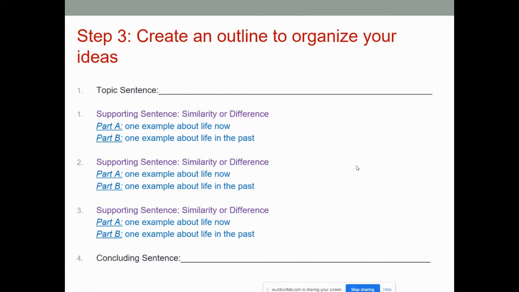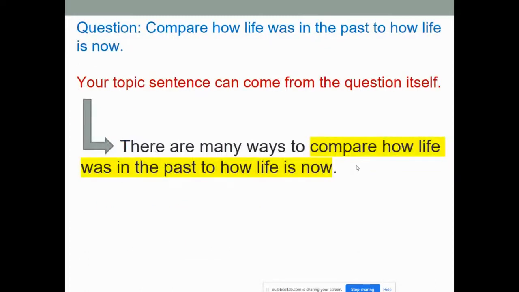Now let's write together in this class with this topic. Compare how life was in the past to how life is now. So suppose I give you this topic. What should be your topic sentence? Your topic sentence can easily come from the question itself. Look at it: compare how life was in the past to how life is now.